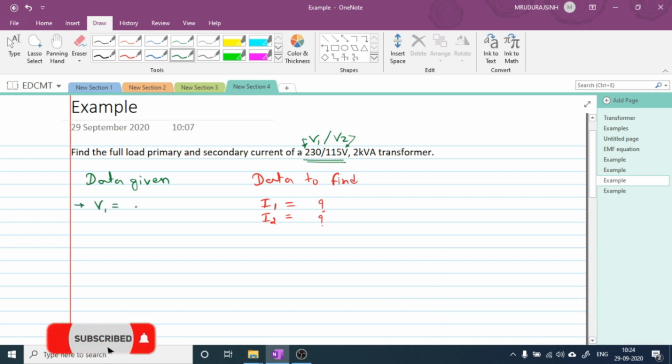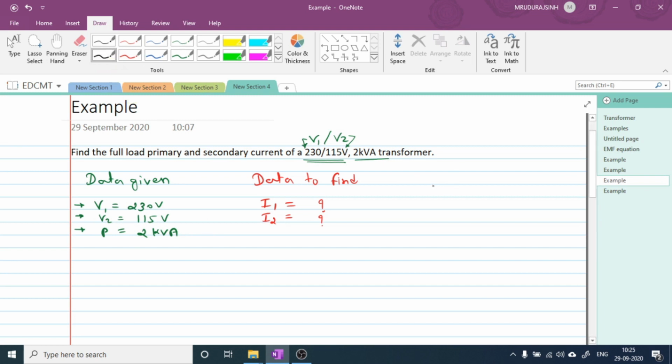So V1 is 230 volt and V2 is 115 volt, and the third is 2 kVA transformer. So it is the power rating of transformer. P is equal to 2 kVA. So that's all. This much of data is given to us, right?